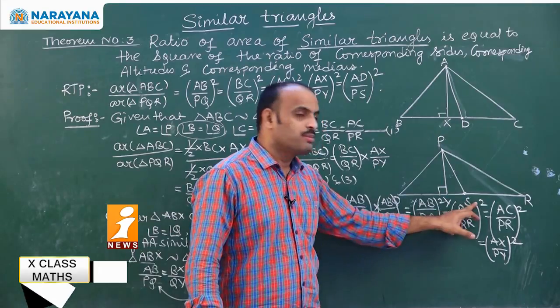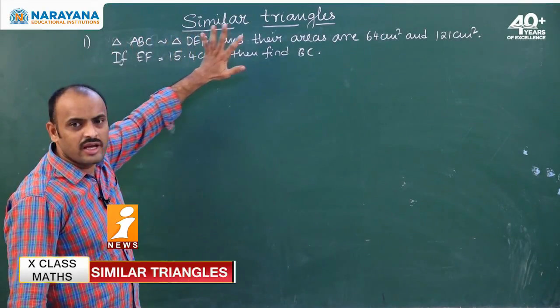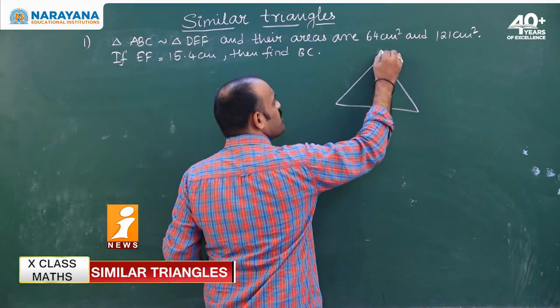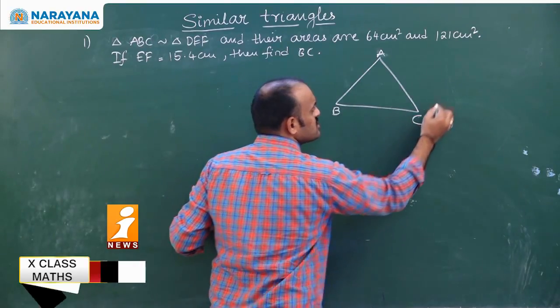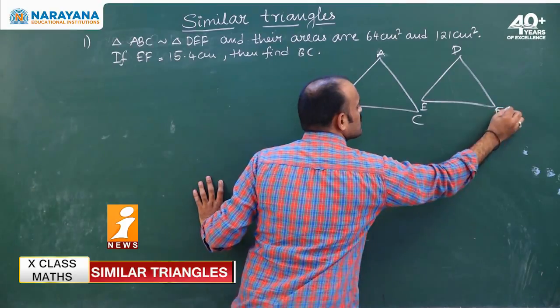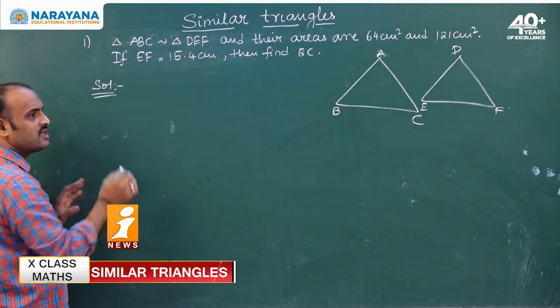See the first example. Triangle ABC is similar to triangle DEF, he has given. Once it is given, directly write the statement.